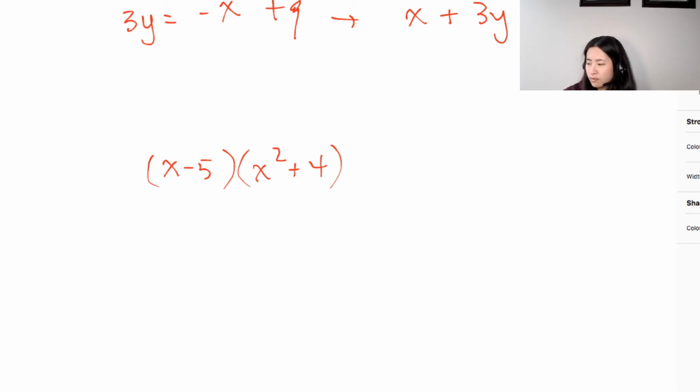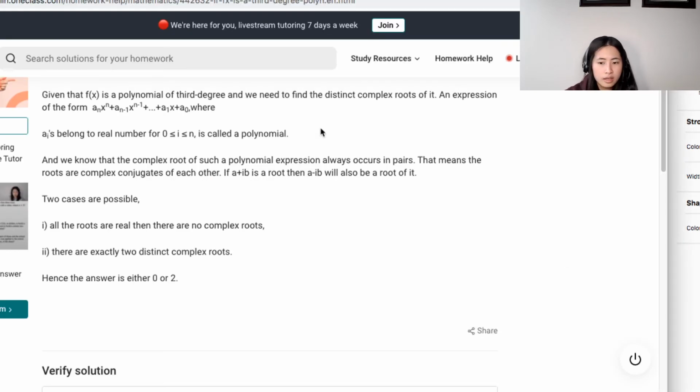And then if you have an imaginary number, which I think they also brought up, it says, and we know that the complex roots of such a polynomial expression always occur in pairs. That means the roots are complex conjugates of each other. They presented a plus bi is a root, then a minus bi will also be a root of it.